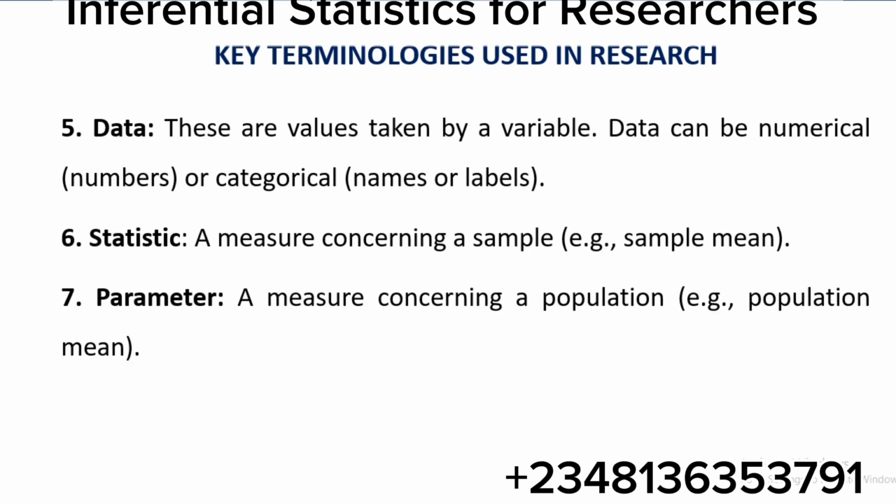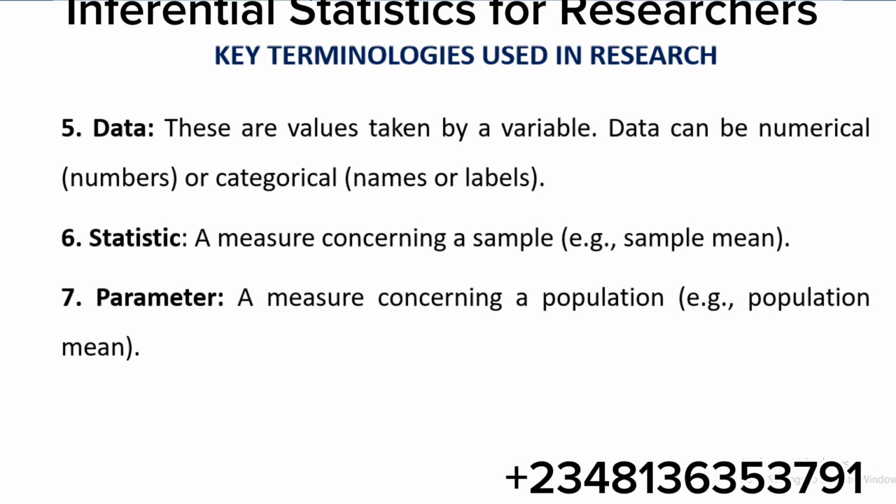The next terminology, data. Data are values taken by a variable. These values can vary from case to case. We are considering heights of cases. We can have an individual that is 10 years old. We can have an individual that is 13 years old. We can have an individual that is 20 years old. This value varies from case to case.